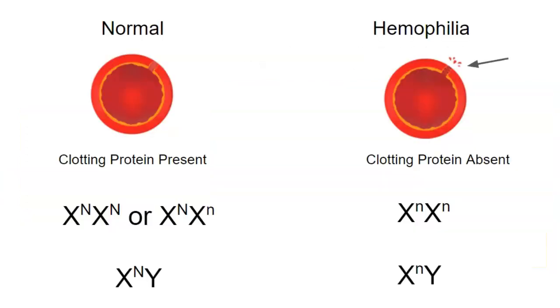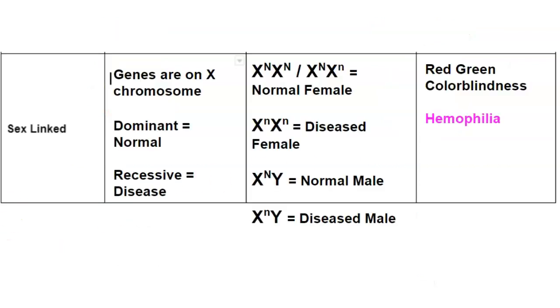In hemophilia, what they're missing is one of the proteins that helps you form that clot. So hemophilia is another condition that's on the X chromosome. All of these X chromosome diseases are going to be way more common in males than in females.